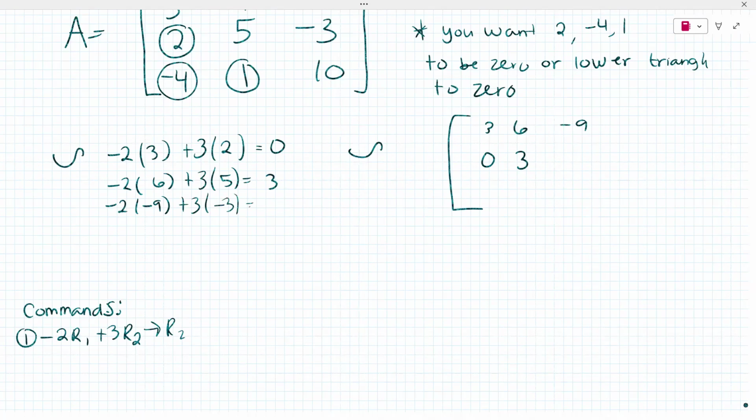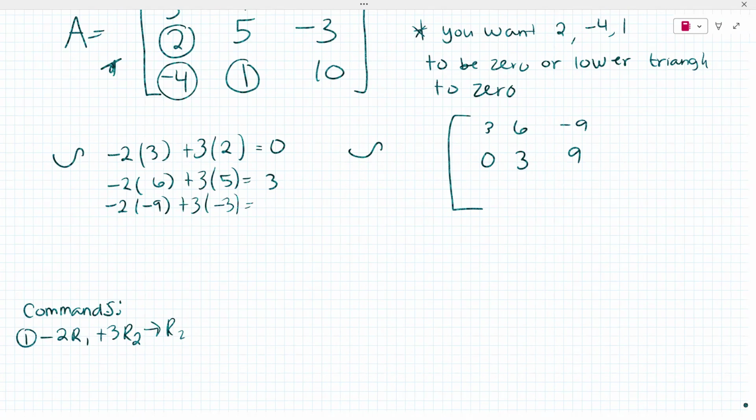So remember, you always start with the previous matrix. So this is our previous matrix, and that will give us +9, right? -2 times -9 is +18. 3 times -3 is -9. 18 minus 9 is 9.